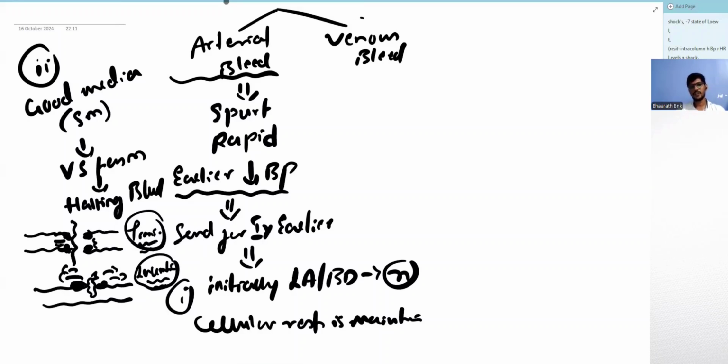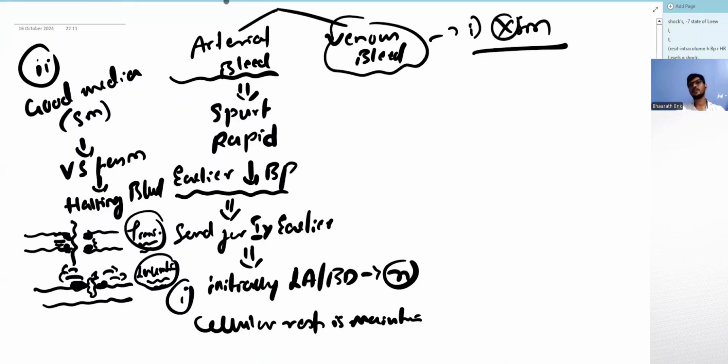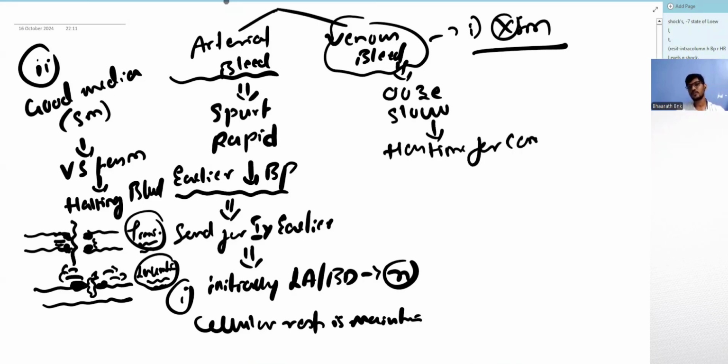But when it comes to a venous bleed, the first thing is that because there is no smooth muscle, it is difficult to spontaneously control the venous bleed. Second, the venous bleed is an ooze, and it is a slow ooze. So when the blood keeps on oozing slowly, the body has time for compensation of BP.